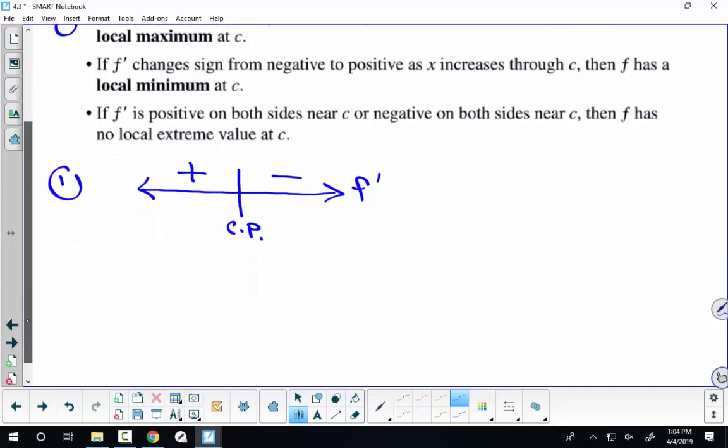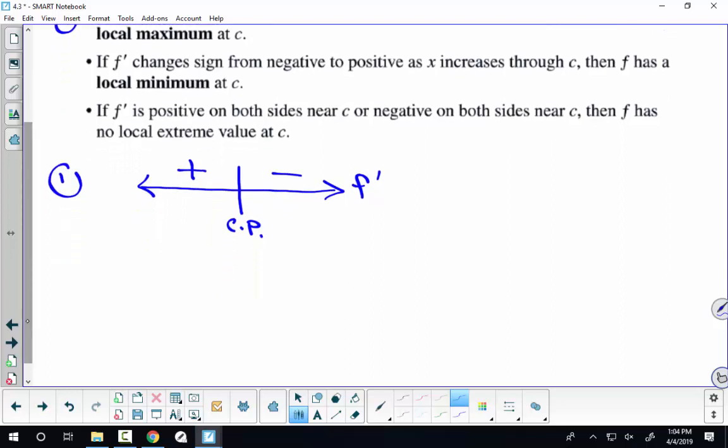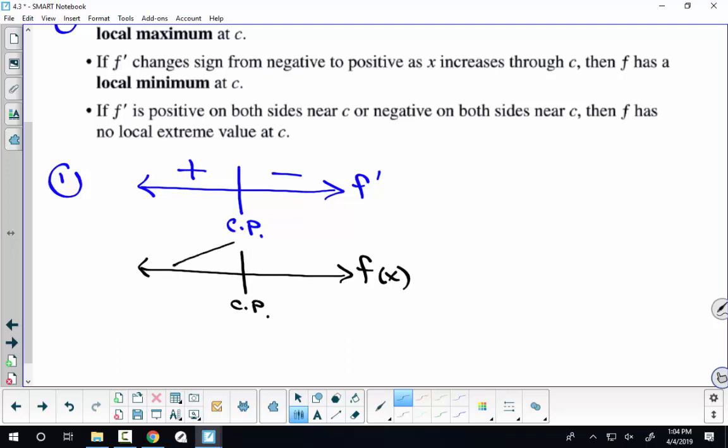But again, what we should remember about the original function is that this chart tells us that f of x at this critical point is increasing up to that point, and then it decreases.